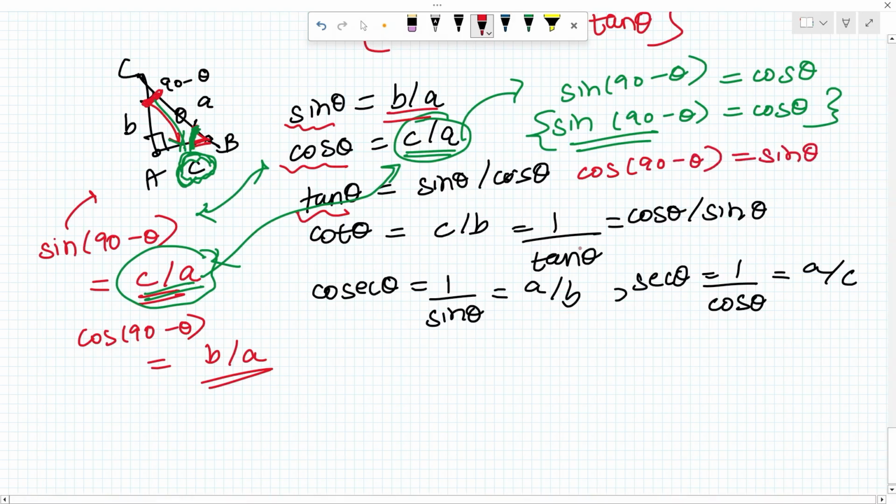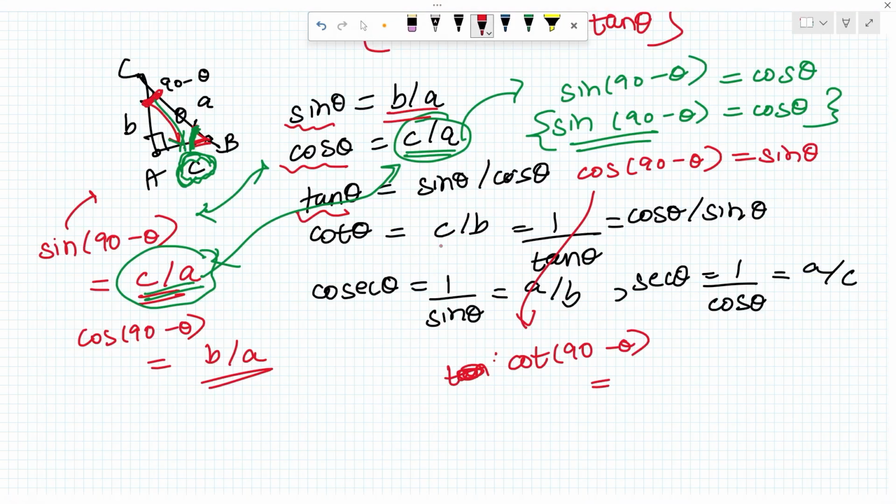You can write one more formula by the way. What is cot of 90 minus theta? How did we define cot? We have written cot as C by B. So with respect to angle theta, it is the ratio of the adjacent side to the opposite side.